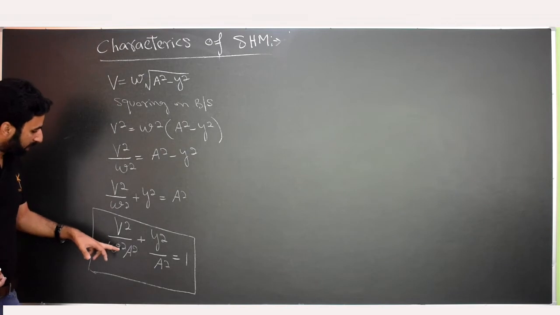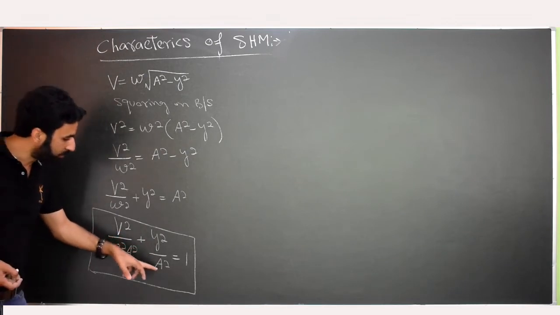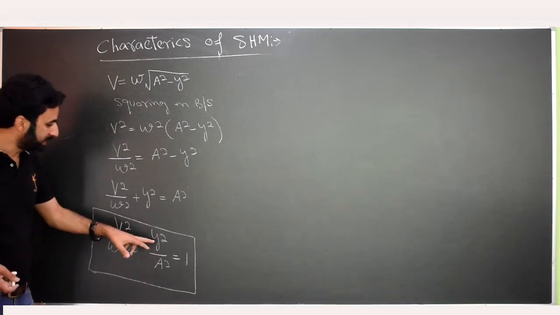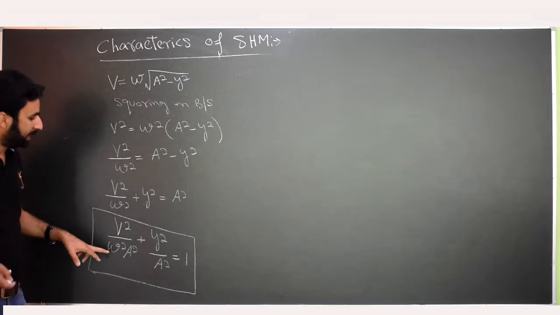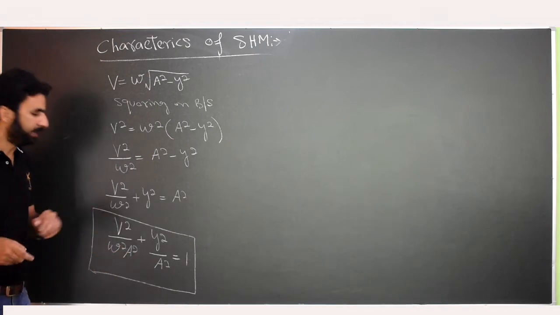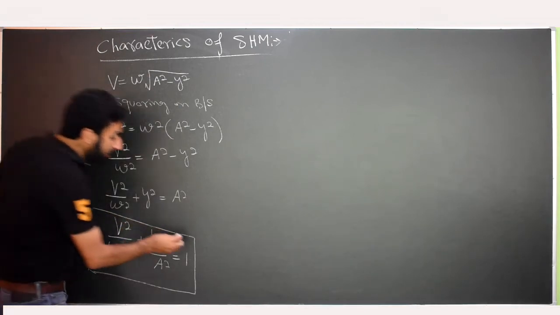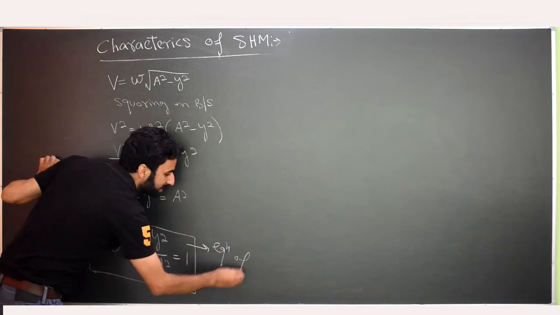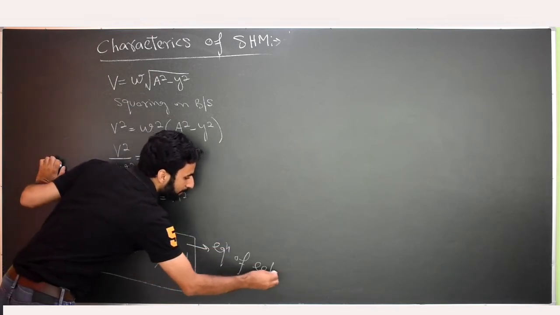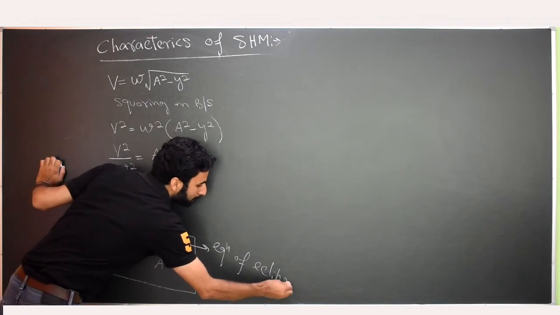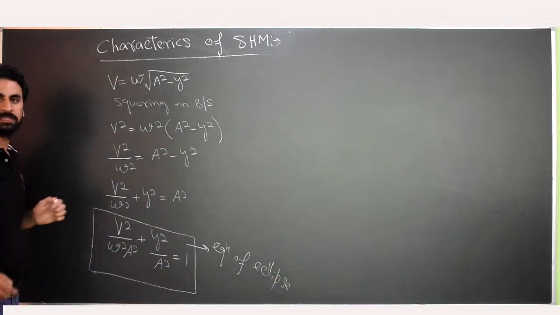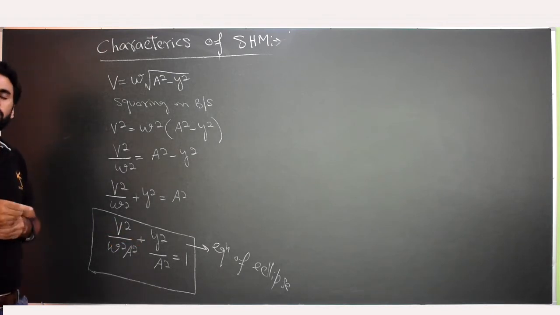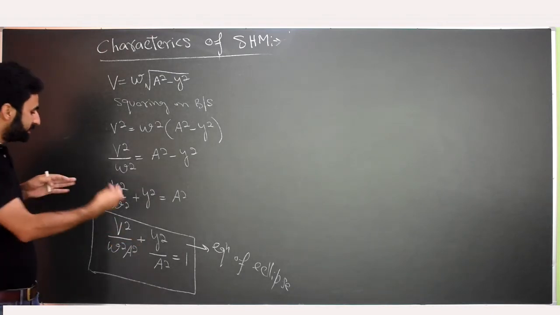The terms are: v is the velocity of a particle, y is the displacement of a particle, omega is the angular frequency, and a is the amplitude. And we know this is an equation of an ellipse.